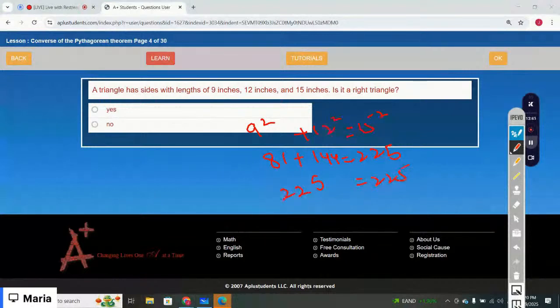So see, both sides are exactly equal. So that is a right triangle. The correct option is yes, that is a right triangle.